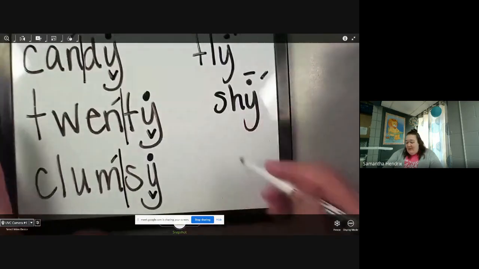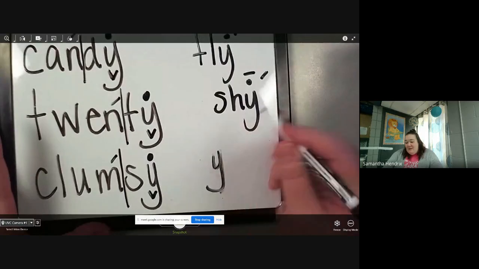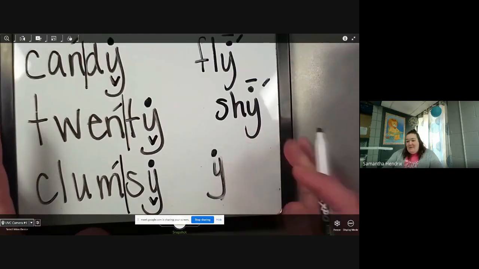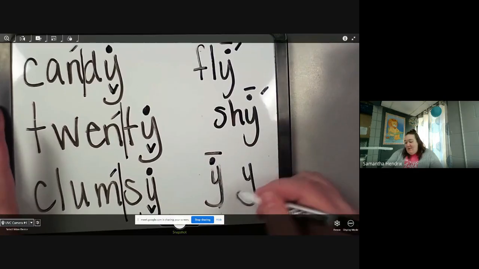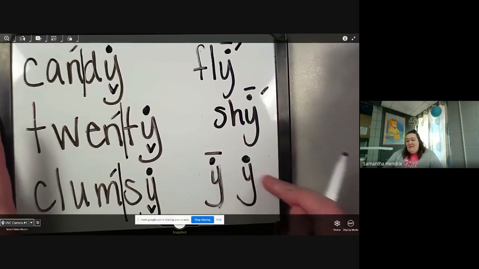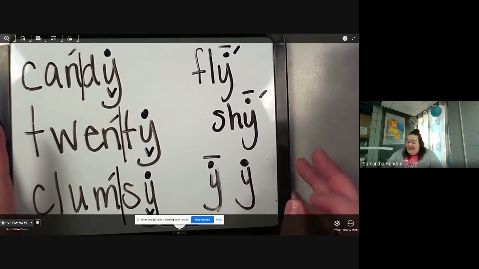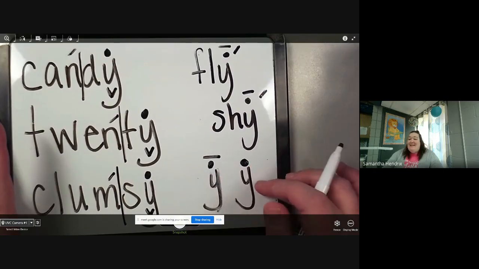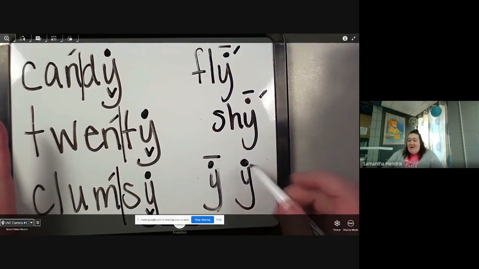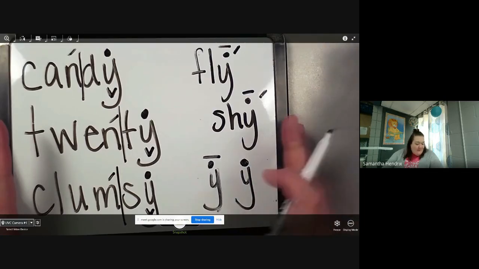So, vowel Y says I. Vowel Y says E. So when we code vowel Y, I, we put a macron. When we code vowel Y, E, we just leave the dot in the Y. Okay?